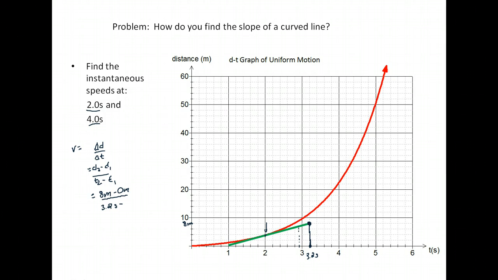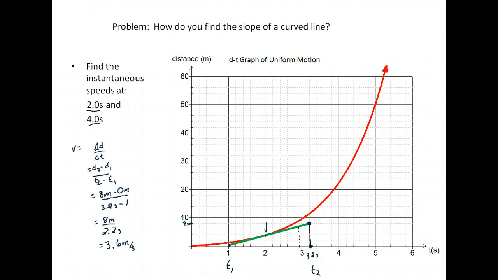Subtract. So this is my T2. And my T1, if I follow the line back, this is my T1, 1 second. So it will be 8 meters divided by 2.2 seconds. That's going to give us 3.636 or 3.6 meters per second.